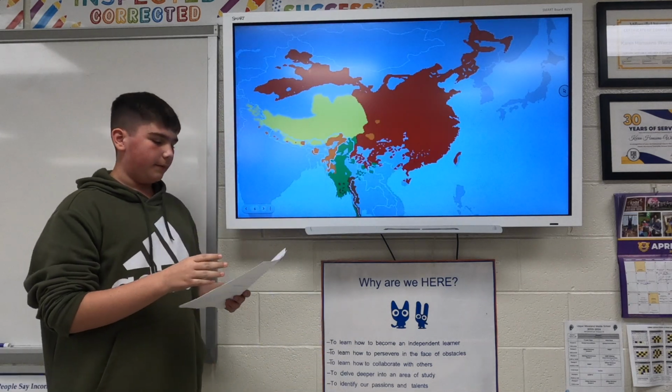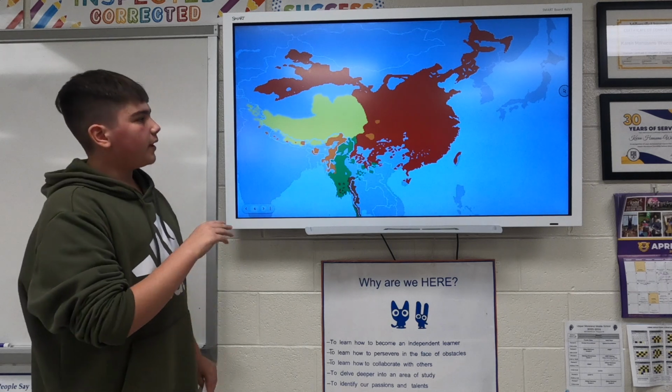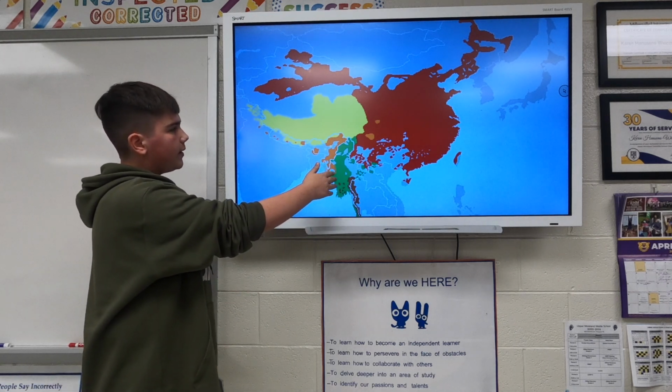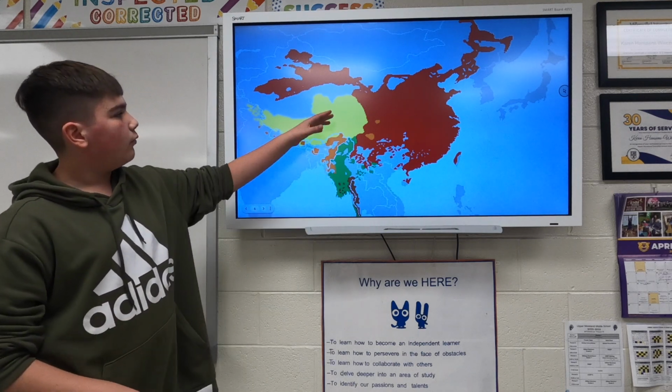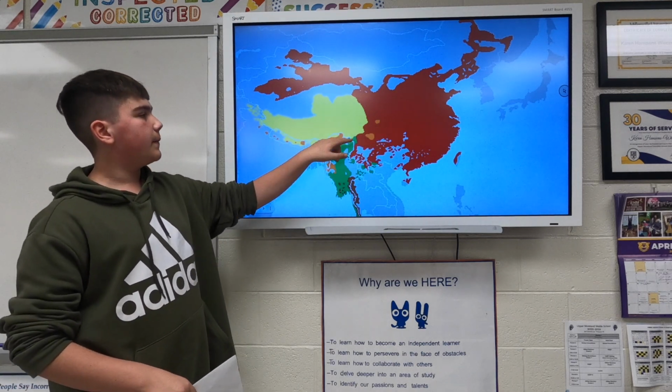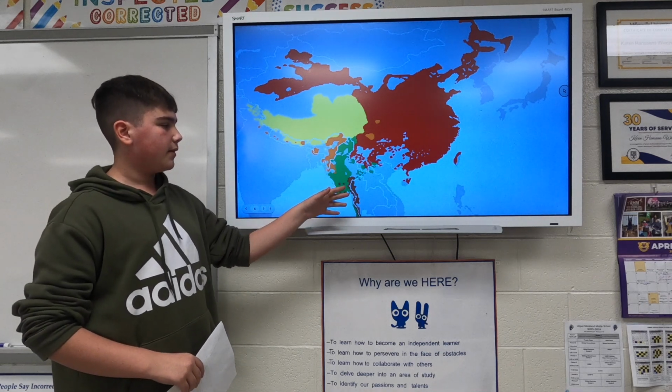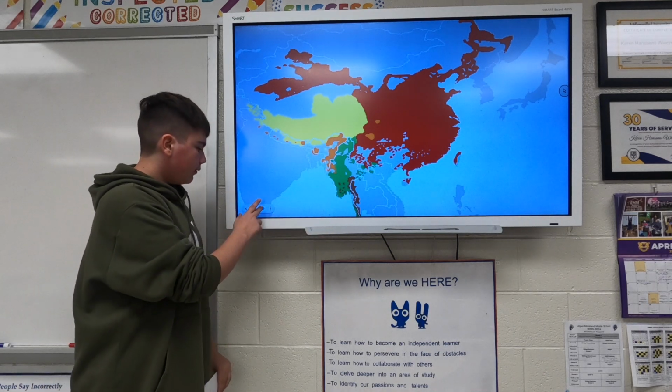This is a map of Sino-Tibetan languages starting in Southeast Asia, working into Western and Eastern China with their respective dialects, and then farther south into Laos and Thailand.